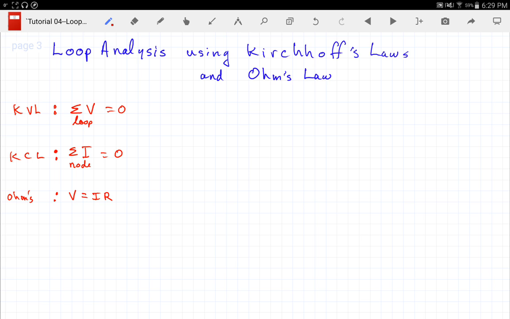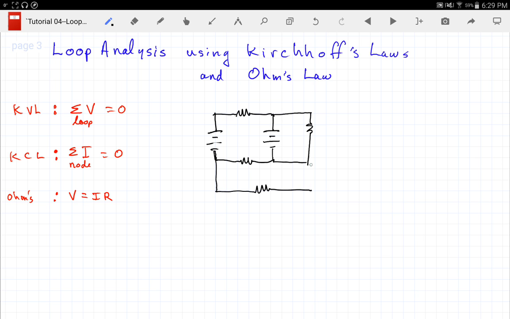So we're going to use those 3 equations. So we take a circuit, and let me just draw a simple circuit here. My circuit will have a battery here, a resistor here, a battery here, a resistor here, and a resistor here, and for good measure, a resistor here.